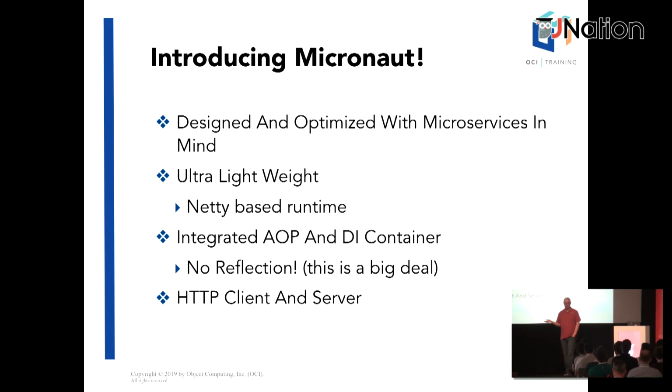Our DI container passes the full TCK. Every JSR has a technology compatibility kit, which is basically a test suite that will test your implementation and let you know whether or not you're compliant with the spec. So our DI container passes the full TCK, so it's a fully robust dependency injection container.